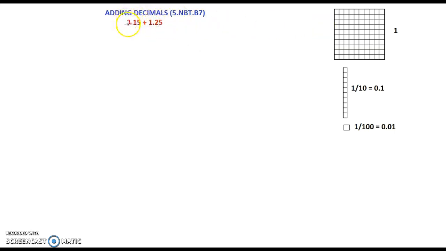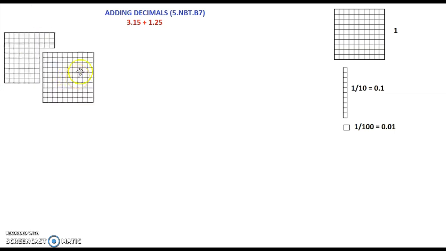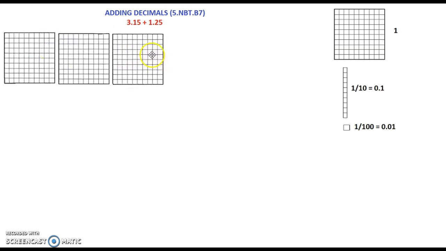Starting with 3 and 15/100ths, I'm going to look at my whole number first, and I can see that I have 3 wholes. So that means I need 3 flats. So here's 1, 2, and 3. Then I have 1/10, so I just need one rod to represent 1/10.